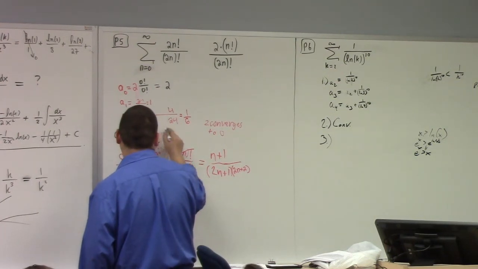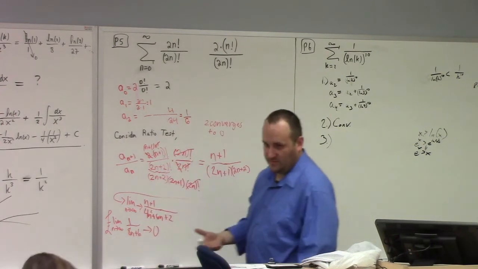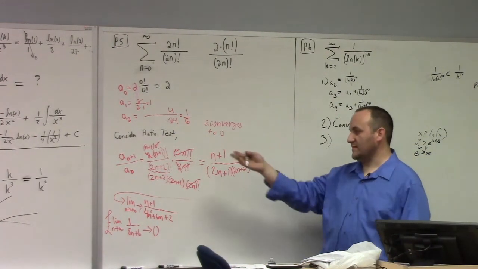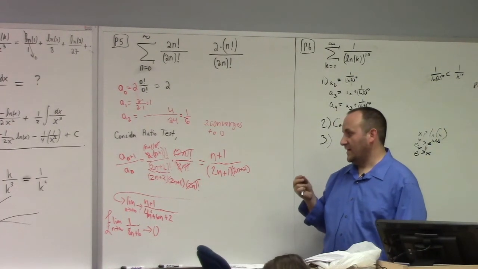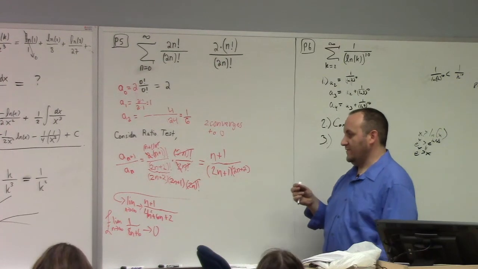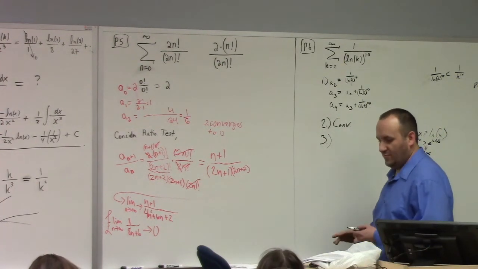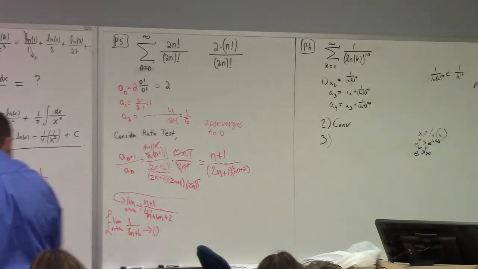Let the reader know what you're up to. So then you're looking at a sub n plus 1 divided by a sub n, because that's what the ratio test is about. And then algebra happens. This might be right, but for the purposes of time, I'm going to just redo it.